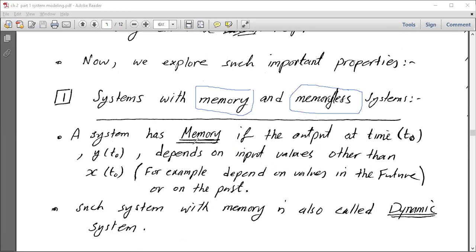A system has memory. Let's see the definition of memory.